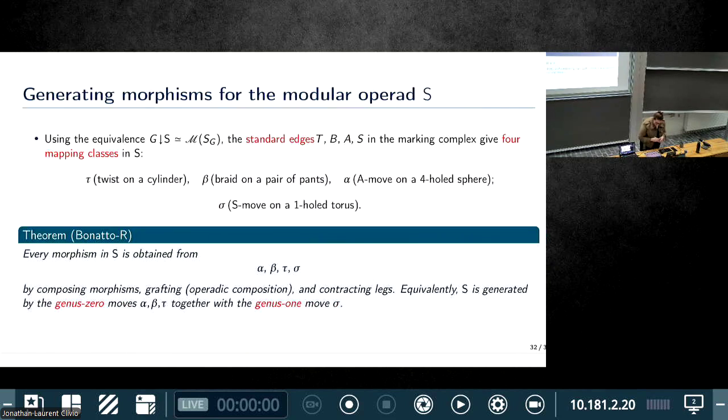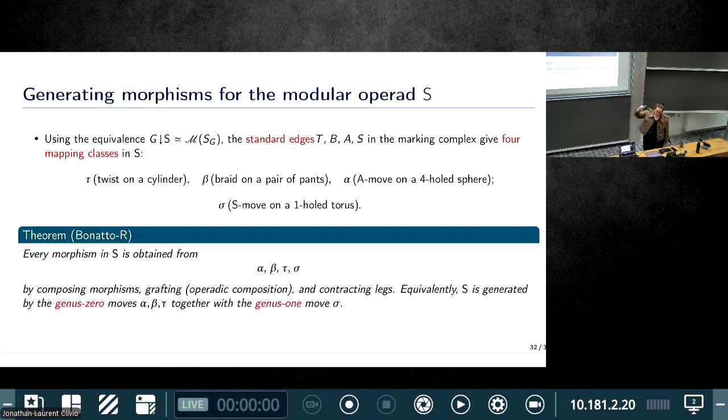Okay, I'll just summarize it quickly. Using this equivalence of groupoids, the standard edges, the T moves, B moves, A moves, and S moves, give us generating morphisms of the groupoids, which are the twist, the braid, and alpha. Those are exactly the ones I wrote for the PARB.